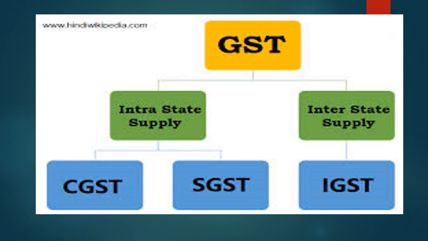One is CGST and other one is SGST. Interstate supply means if any item has been purchased or sold from one state to another state, then there is only one tax calculated over it, that is known as IGST.